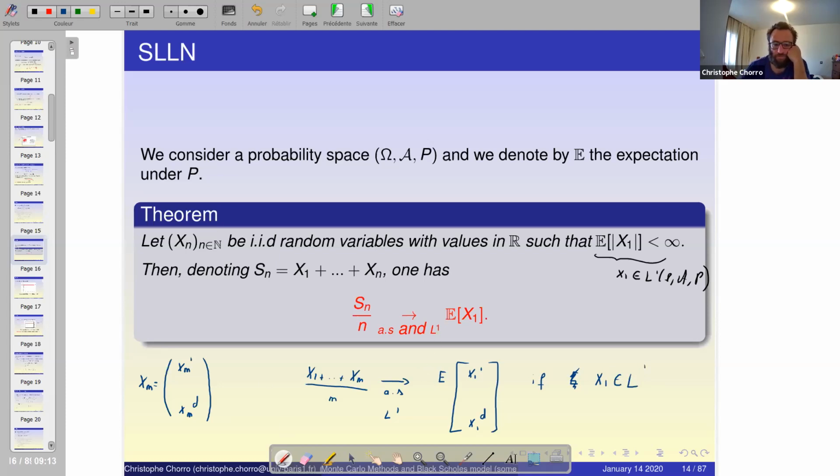So what is nice with the strong law of large numbers is that you have it for real random variables, but you have it for random vectors.